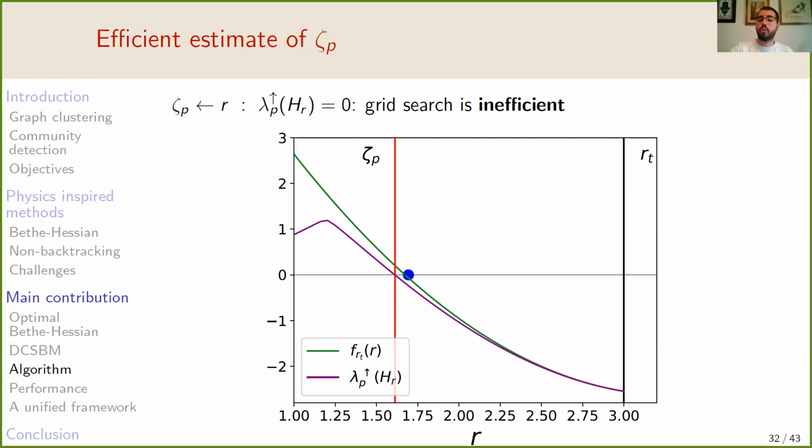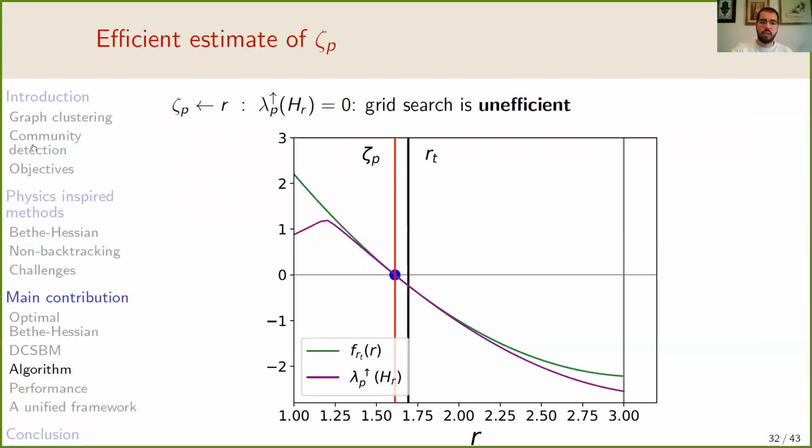In a very cost-efficient way, however, we can find its zero, which is the blue dot, and we update the value of r_t to the zero of this function. We define a new function f of r_t, then we update the value of r_t to the zero of this function, and in this case, we obtain convergence in approximately 3 iterations. So we are able to compute all the zeta p's in a very efficient way.